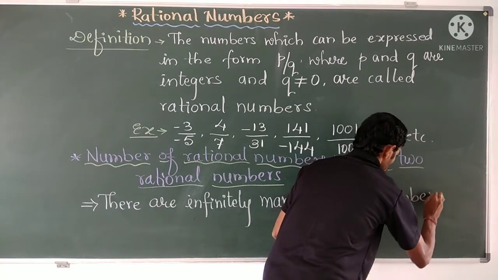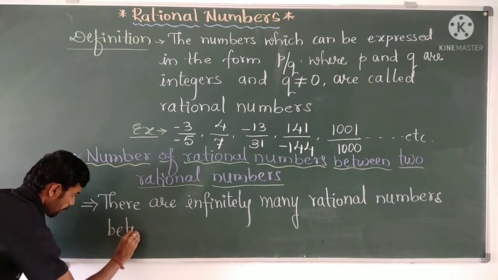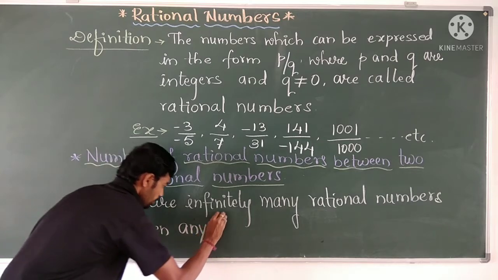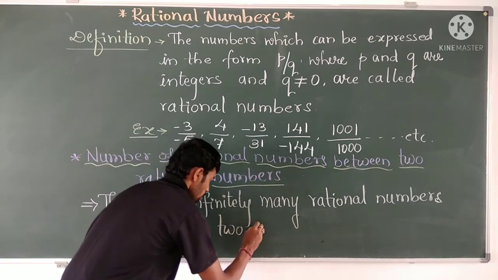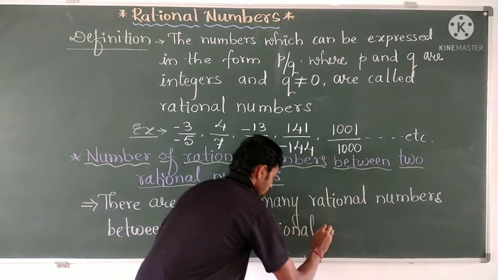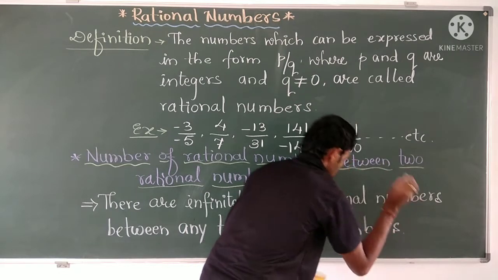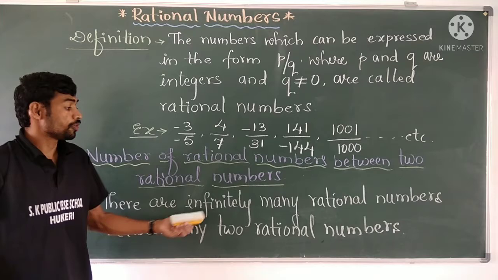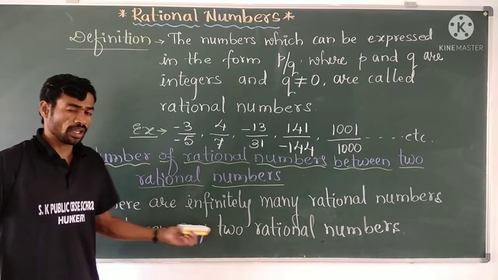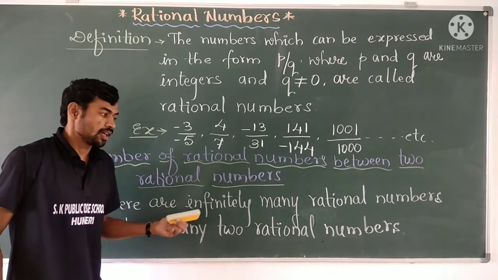There are infinitely many rational numbers between any two rational numbers, whichever two are given.